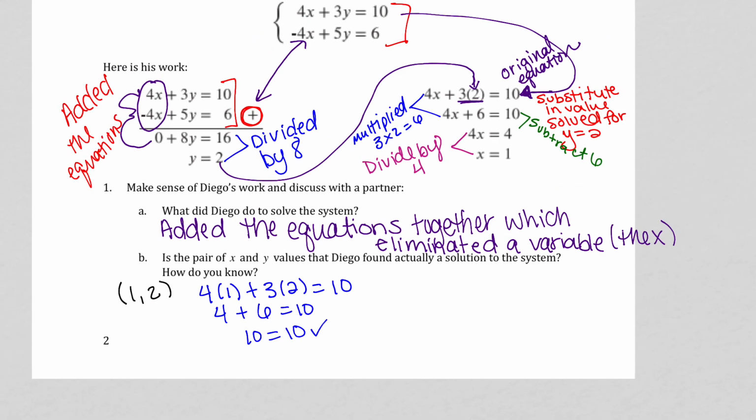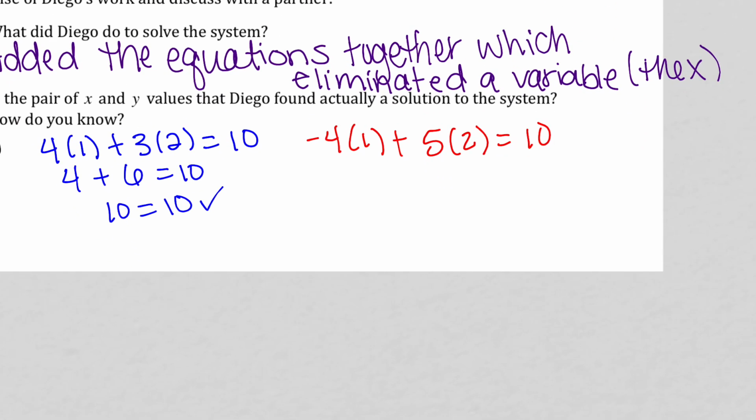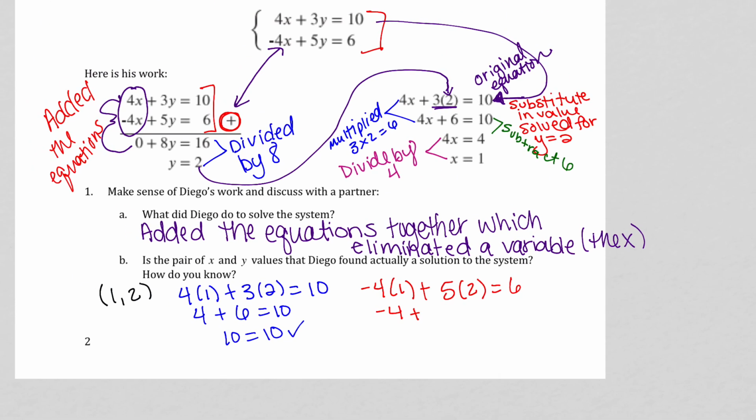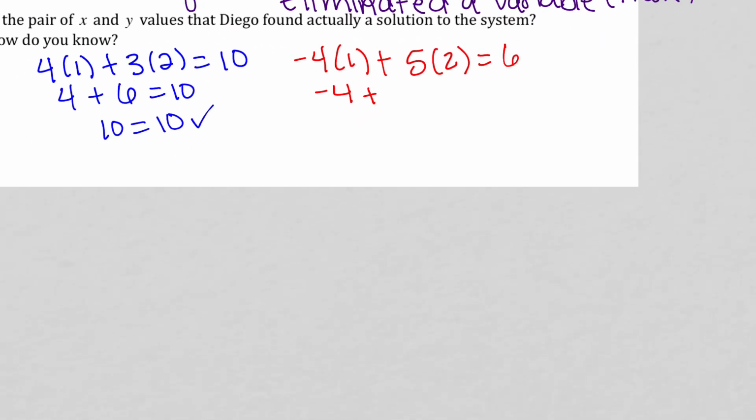We have negative 4 times 1 plus 5 times 2 equals 10. What is negative 4 times 1? Negative 4. What is 5 times 2? Oh, I put 10. That was supposed to be 6. Sorry, I don't know why I did that. 5 times 2 is 10.